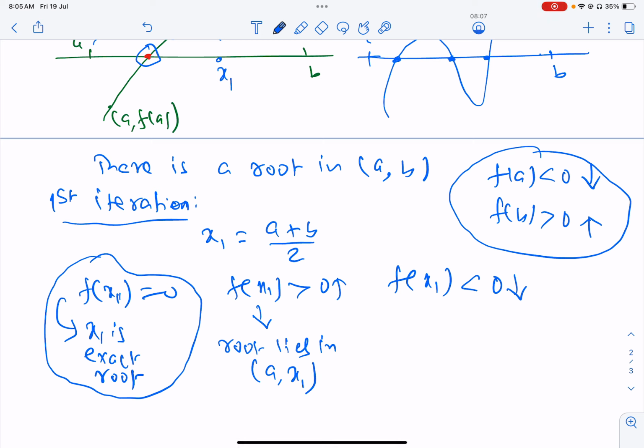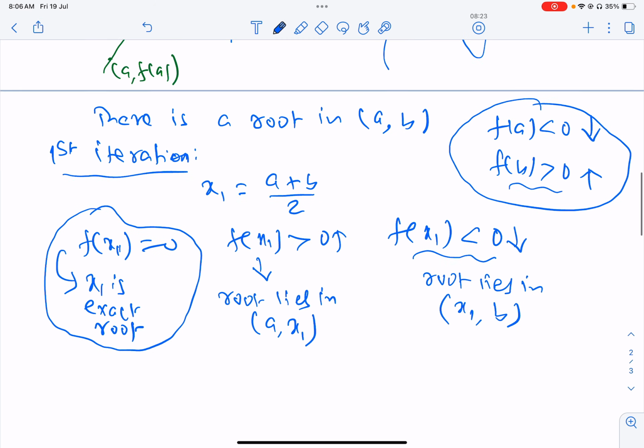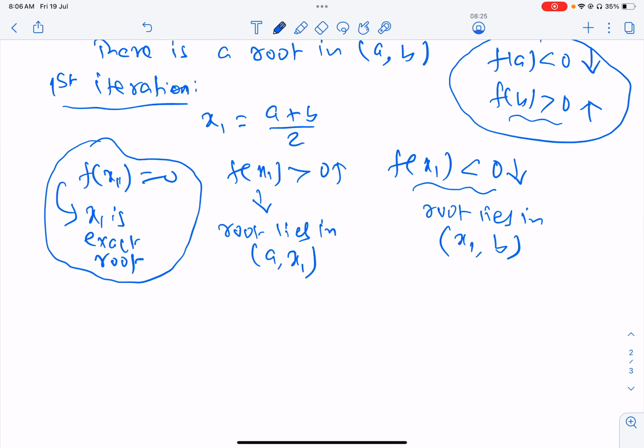And if it is less than 0, then since f(b) is positive and f(x1) less than 0, the root lies in x1 to b. So either you have this one or you have this one.